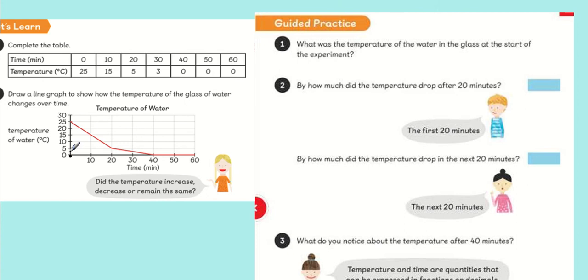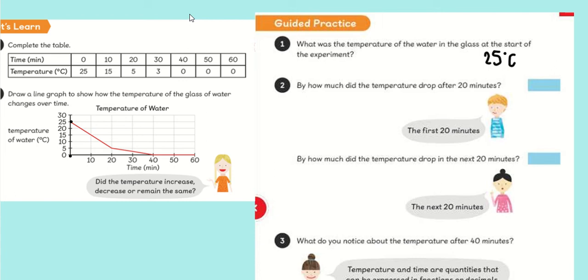So we know we just go up along this line and find where the water started at 25 degrees Celsius. Okay, that's how we are interpreting the data here. So the rest of the questions, have a go at them on your own, pause the video and come back for the answers.